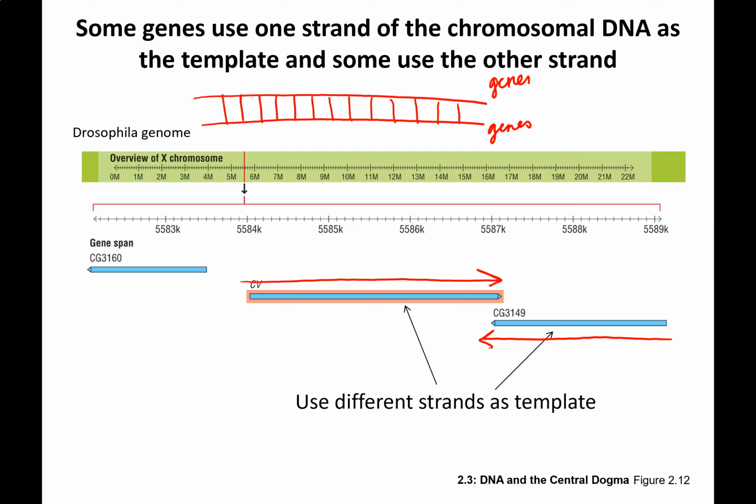And so you can have overlapping regions that allow you to utilize the limited amount of space in a particular genome. So both sides of the DNA can be used as a template. So we can use either side to encode our genetic information.